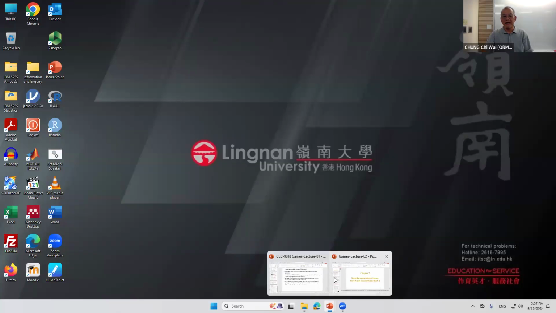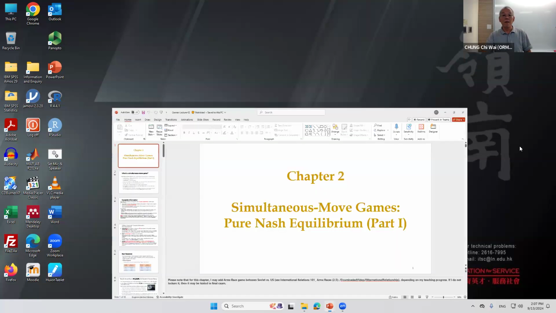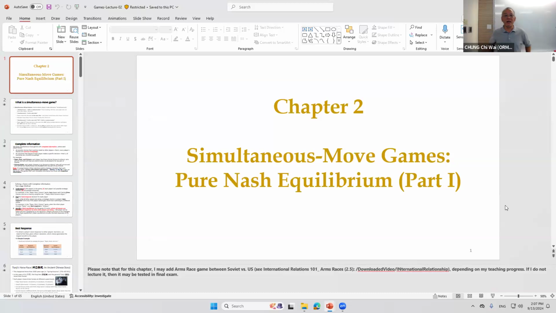In the previous classes, I did tell you that in this course, we consider simultaneous move games and sequential move games. The simultaneous move game topic is separated into two parts, covered in chapter 2 and chapter 3.